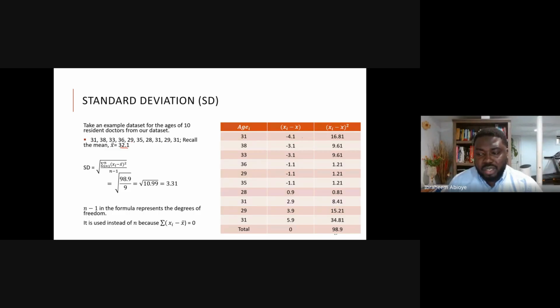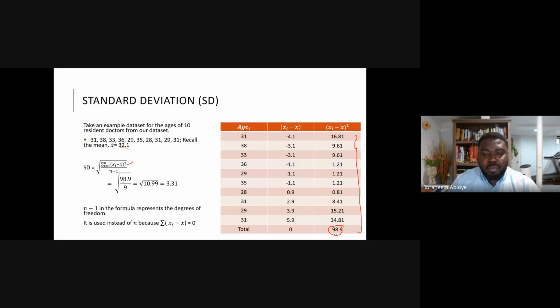So that's basically what they did here. Then you take the square of this value, and then you sum all of these together. That's what's happening in the numerator. What you get from summing all of this together is 98.9.